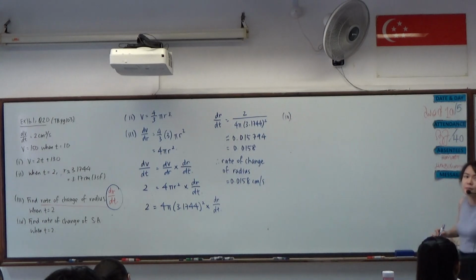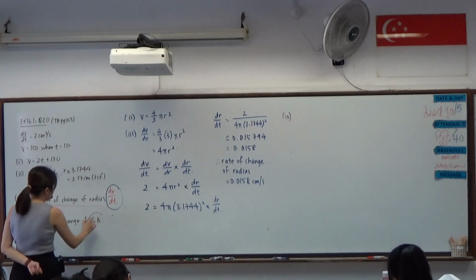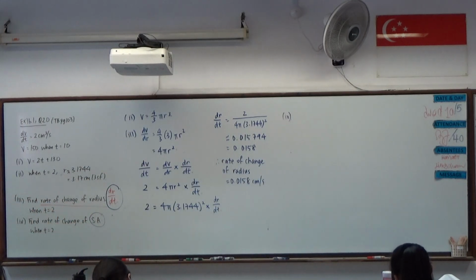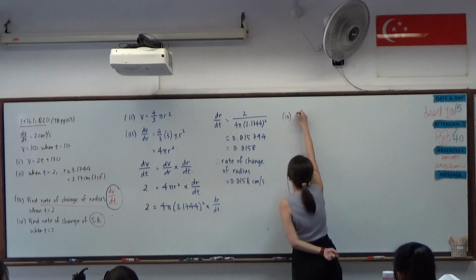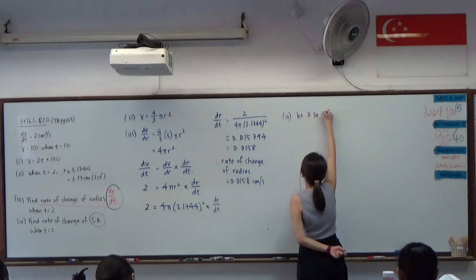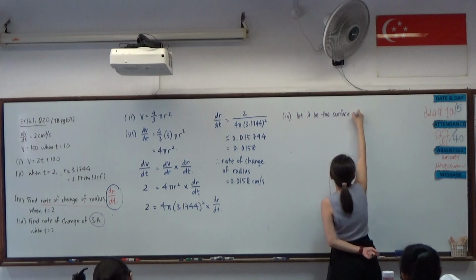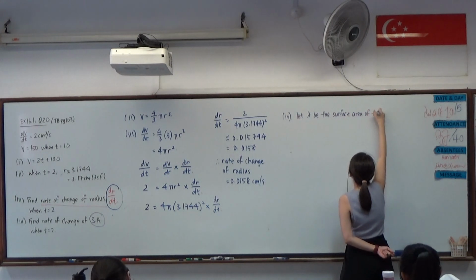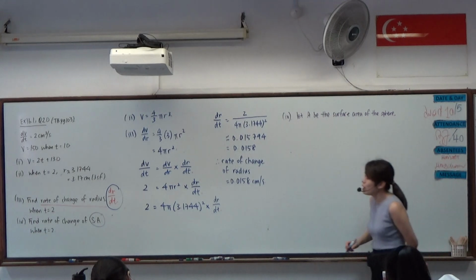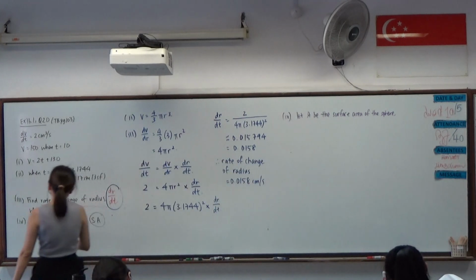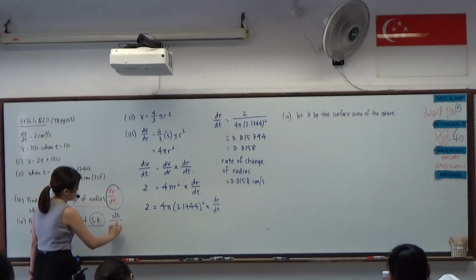Then in part 4, we want to find out what is the rate of change of surface area, SA, I mean surface area over here. If I were to let A be the surface area, then that will mean that what we need to find, in terms of rate of change of surface area, will be dA over dt.